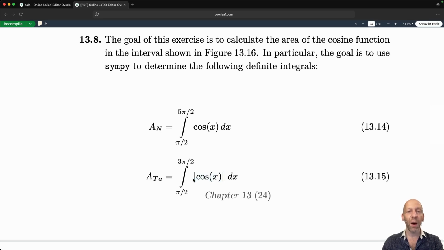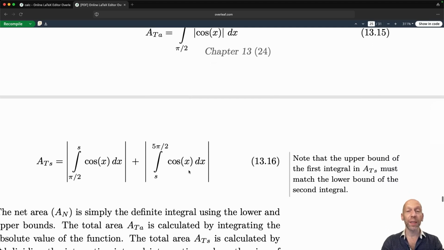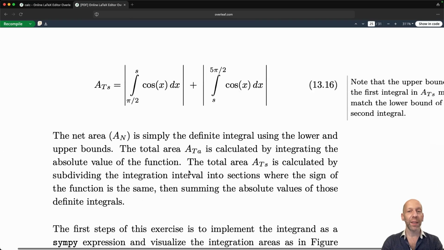So basically, all we have to do is take the absolute value of the integrand to get the total area. I've also said that this can be tricky. This is theoretically sound, but in practice, it can be really difficult to implement because of the difficulties of integrating composite functions.